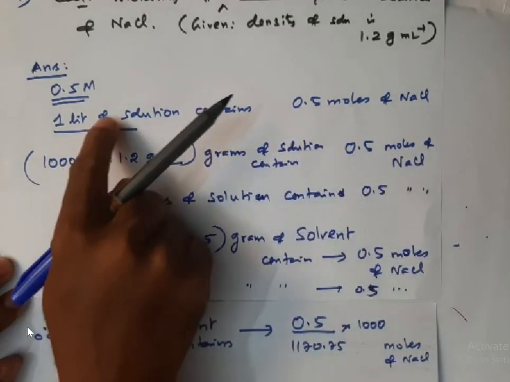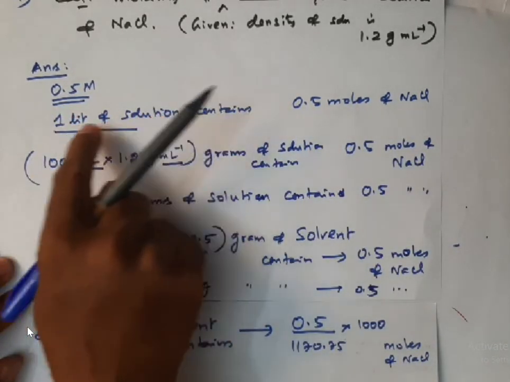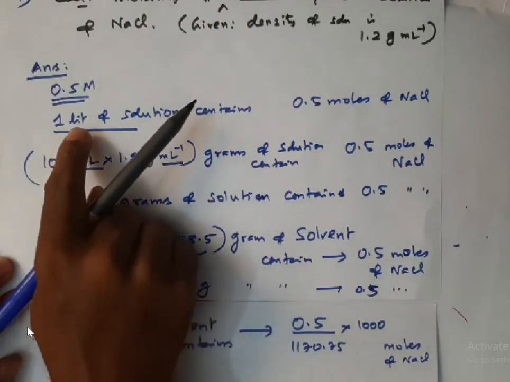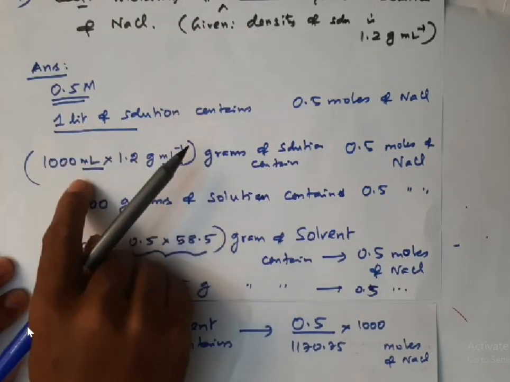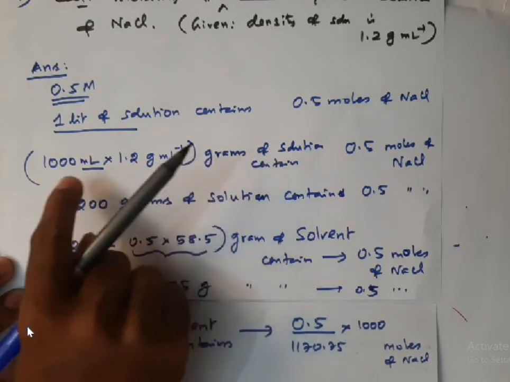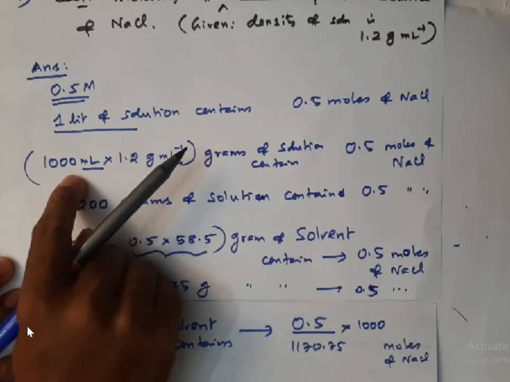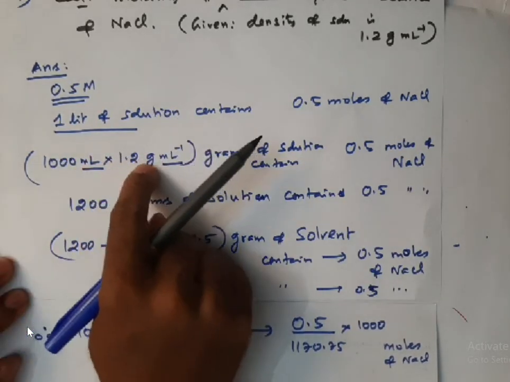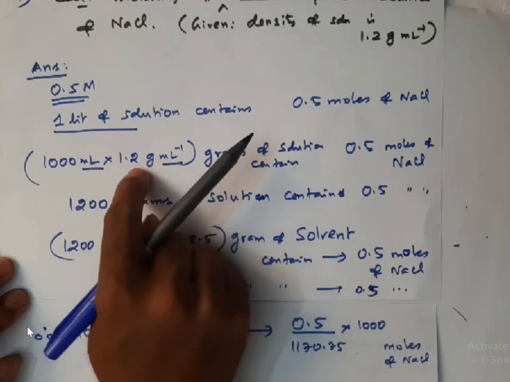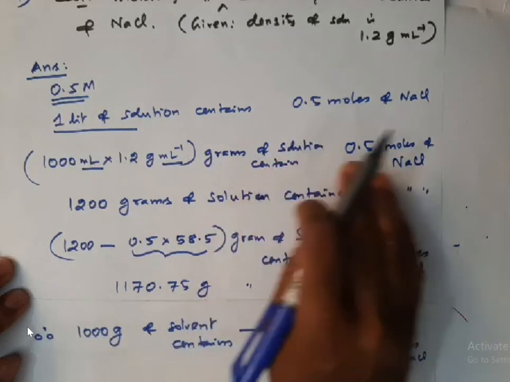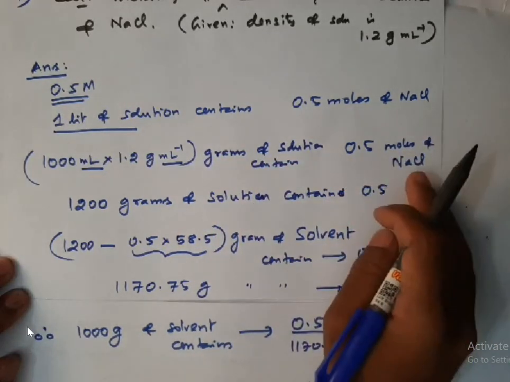Here the solution is in volume, and you should convert volume into mass. First convert 1 liter into ml, since density is usually given in gram per ml. So 1000 ml into density 1.2: this much grams of solution contains 0.5 moles of solute.